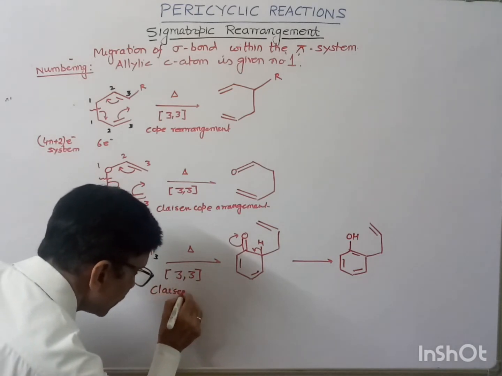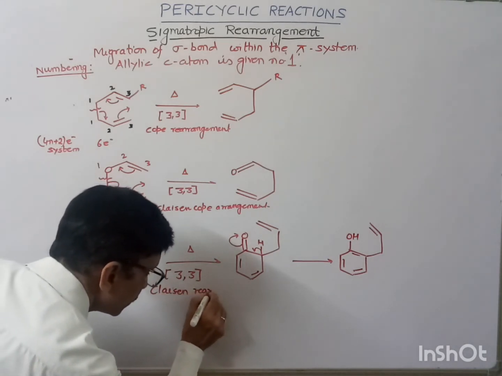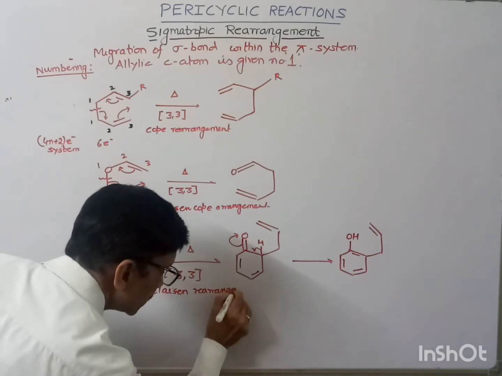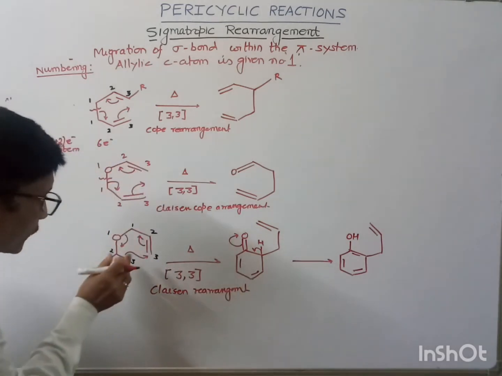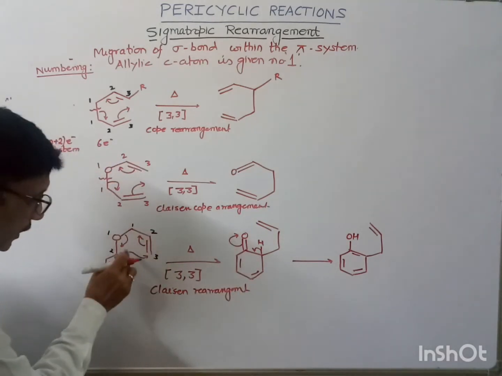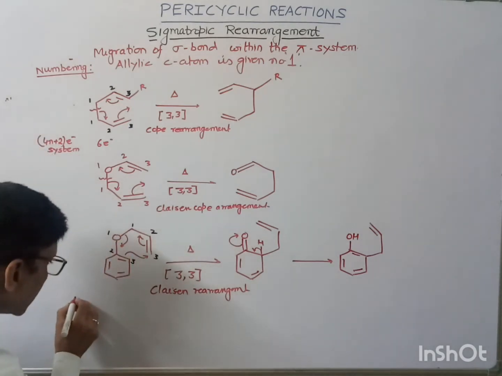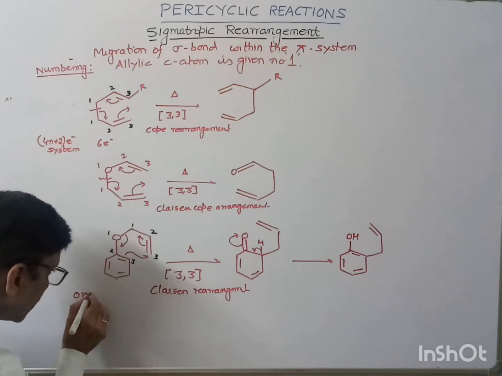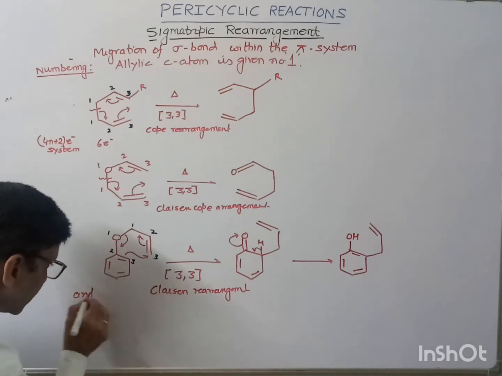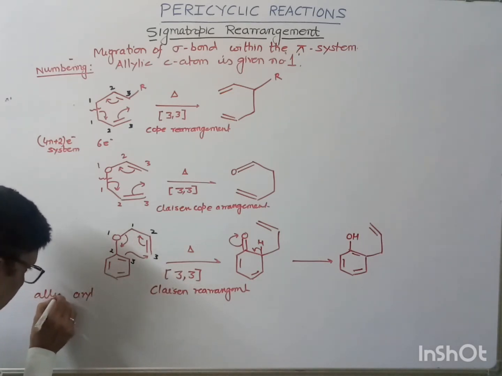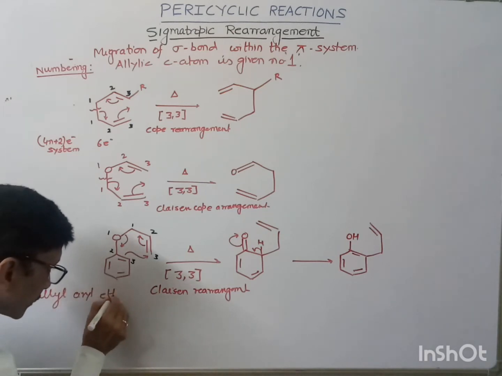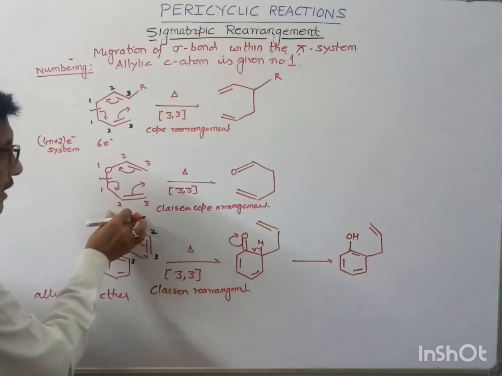And in Claisen rearrangement, the reaction takes place with an aryl ether. So this is an example of an aryl allyl ether. And what is this?